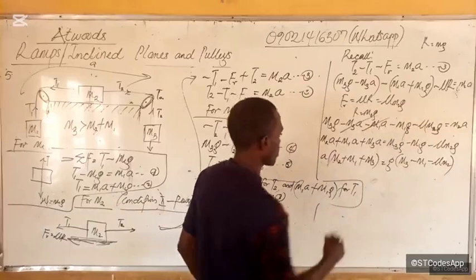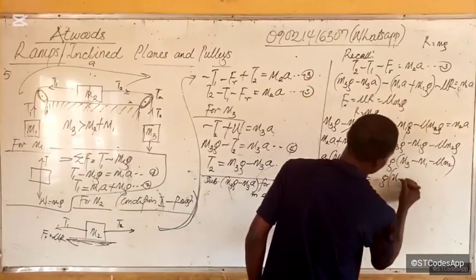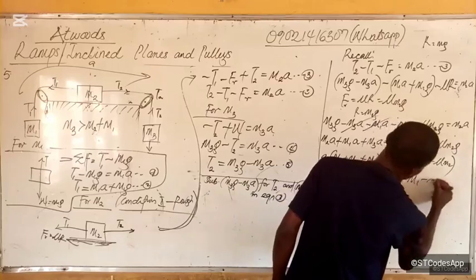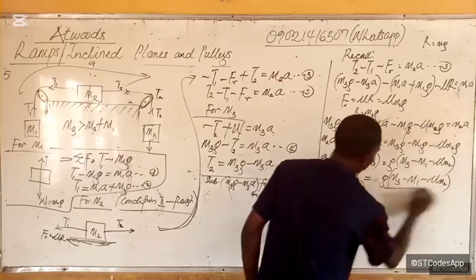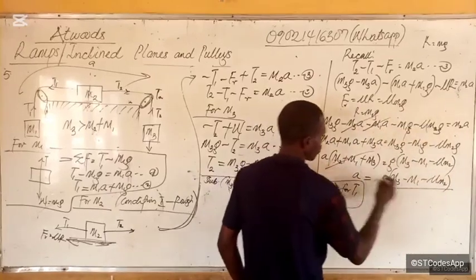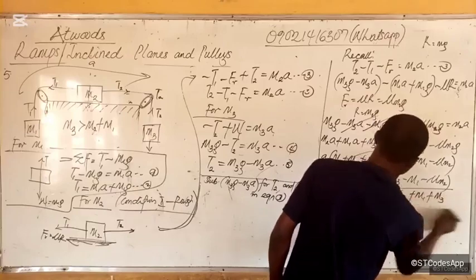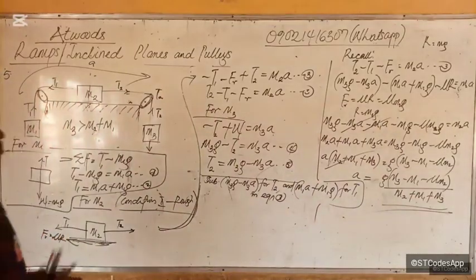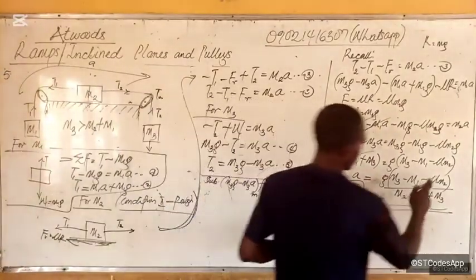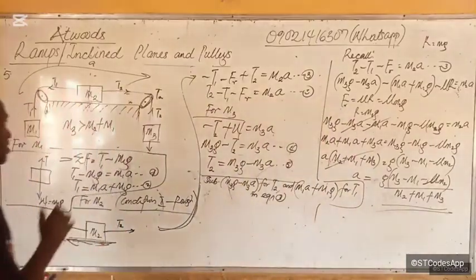Alright, so our acceleration of the system will be equal to g times m3 minus m1 minus mu m2, all over m2 plus m1 plus m3. And that is the acceleration of this system. Right, so that is that for this.